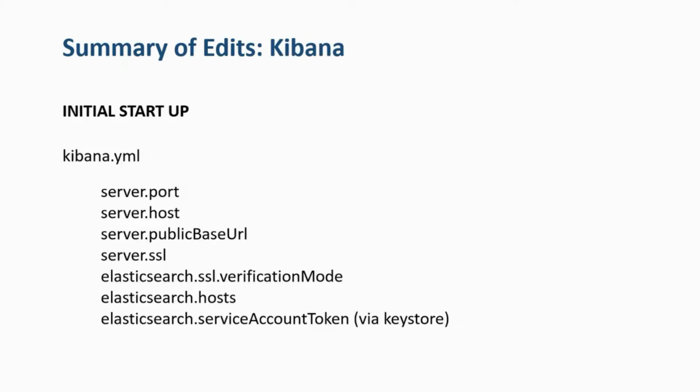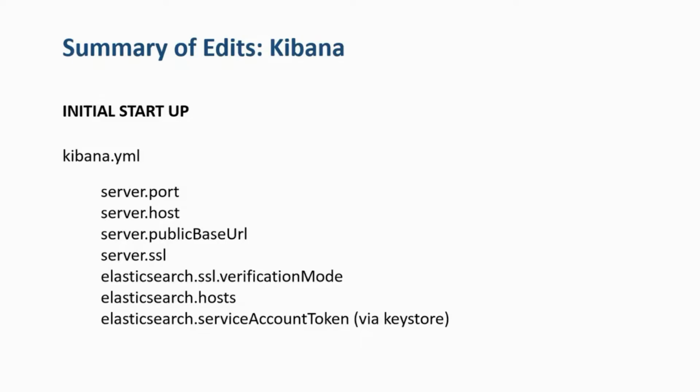Once the whole Elasticsearch cluster was up, we installed Kibana on a different server, and then we opened up the kibana.yml file. We made edits to the server port, server host, server public base URL, and the server SSL. For the server SSL, we used Let's Encrypt SSLs. We also enabled the elasticsearch.ssl.verificationMode, and we also added several nodes to our elasticsearch.hosts field.